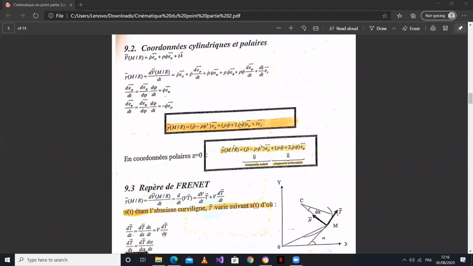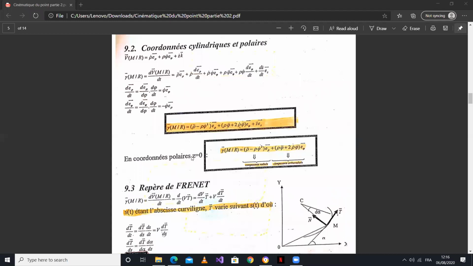So instead of writing ds/dt, we just write v. That's why here we have the derivative of vT with respect to time. Now we have two varying quantities: v varying, and the unit vector T varying also.